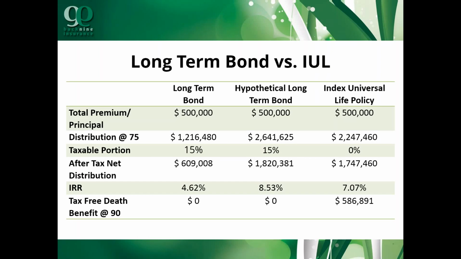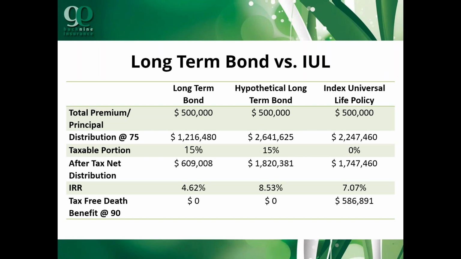So let's do a comparison here. Bear with me and kind of ignore that middle column there for a second. Let's talk about the long-term bond. A 55-year-old takes $500,000 out of their portfolio and allocates it to a bond. You're going to let that grow for 20 years.